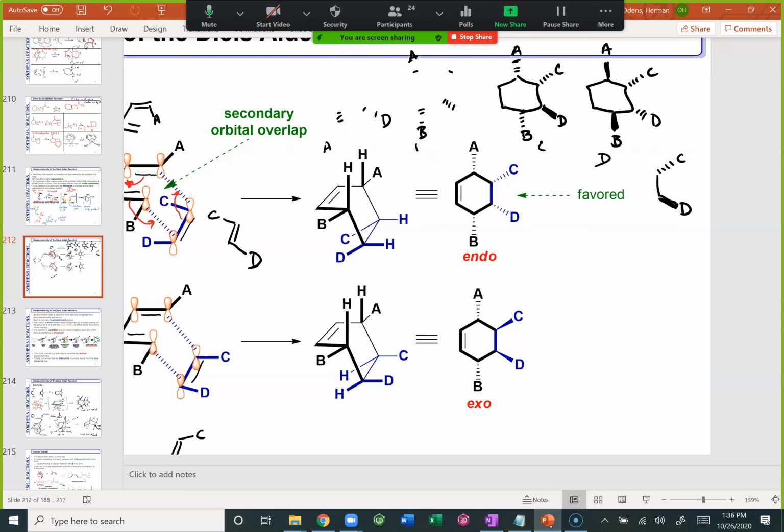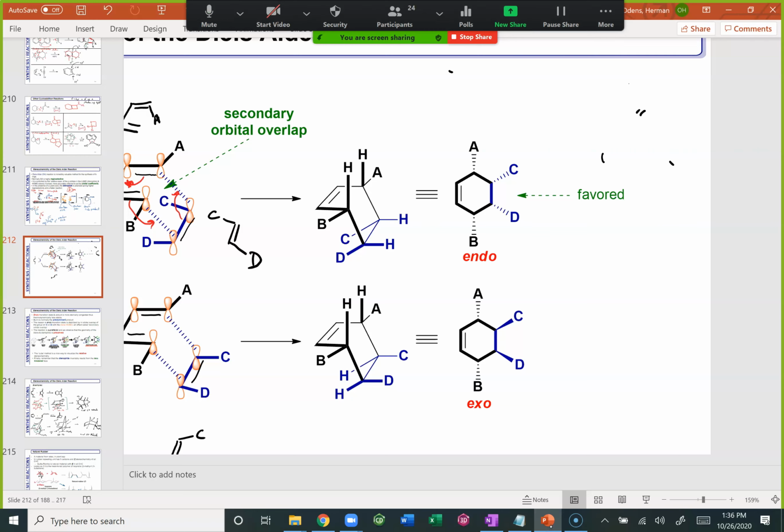The other thing I can come up with is I give you the final product, like the one here, the endo. Let me delete all this stuff to avoid clustering.